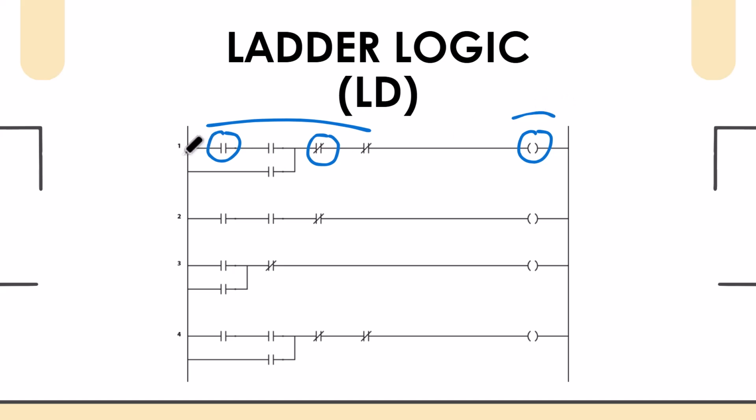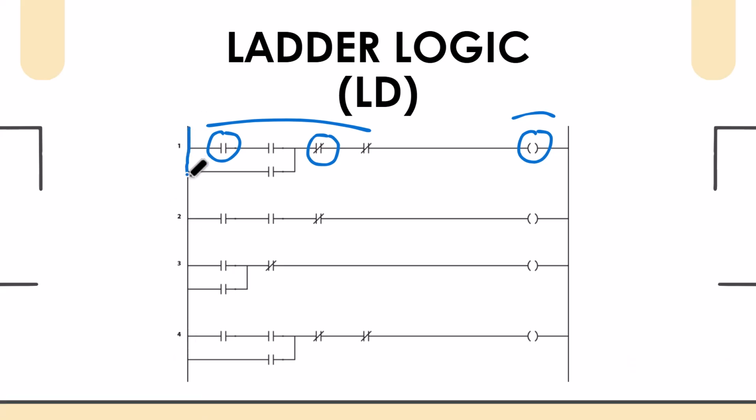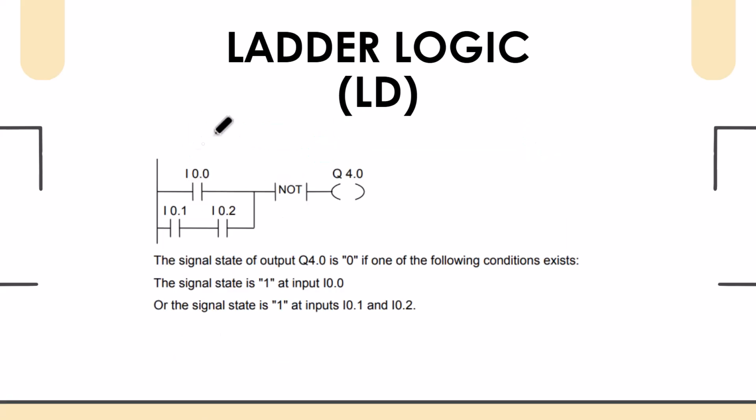In this specific ladder logic code, we have 4 rungs, and in each rung we have 2 rails. You can see that we have input signals I0.0, I0.1, I0.2, actually 3 to be specific, 3 input signals and 1 output signal. This is the coil, and these are the contacts, normally open contacts.